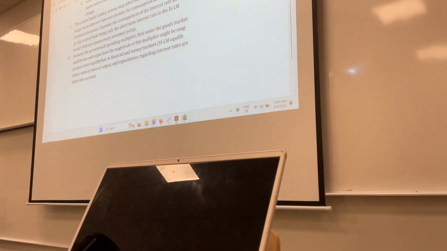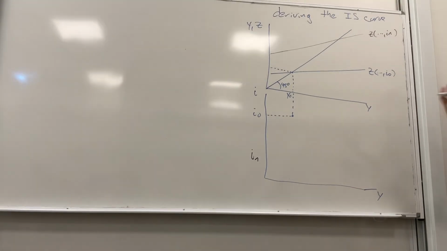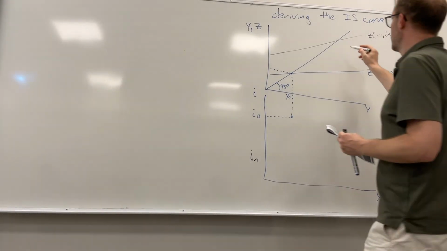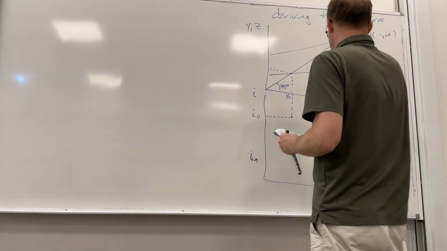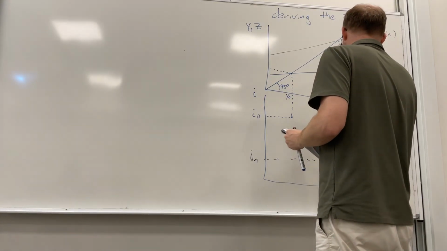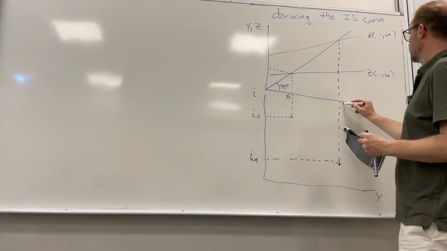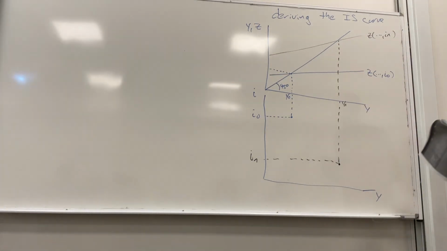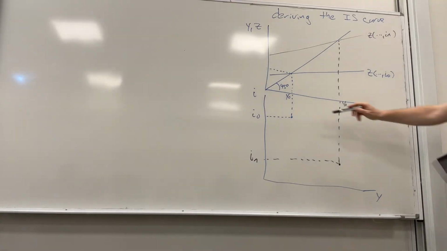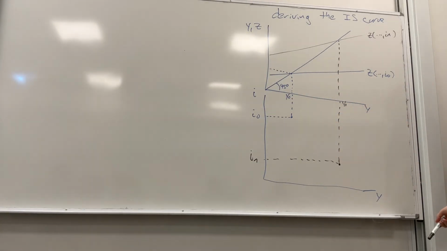The yardstick for projects has been lowered, so we're going to engage in more of our projects. So we get then for our lowered interest rate this point. If we connect these two, this will give us IS. This is how we get to the IS curve. Okay?